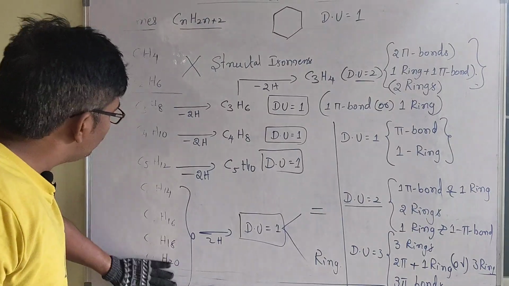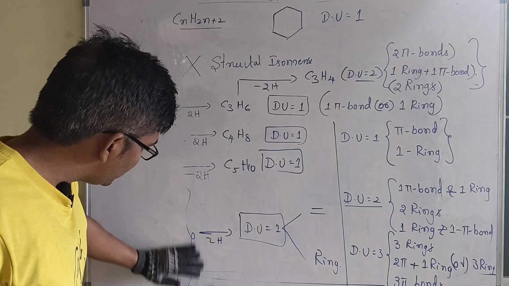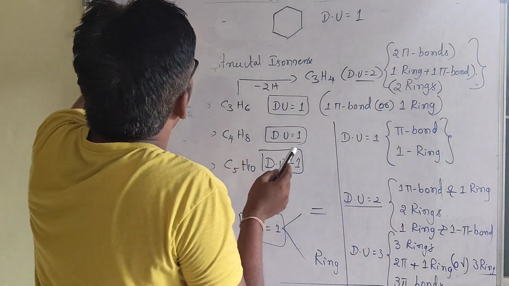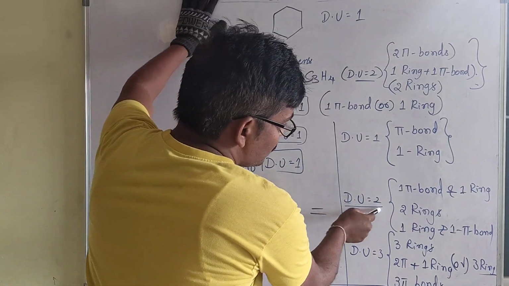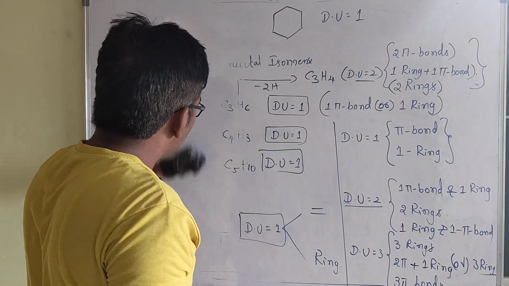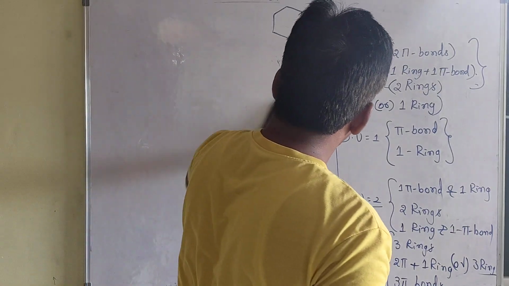Now look, we will see some of the molecules, how the degree of unsaturation equal to 1 allows a pi bond and a ring, and how the degree of unsaturation equal to 2 allows 1 pi bond and 1 ring. We will see some of the compounds, my dear students.